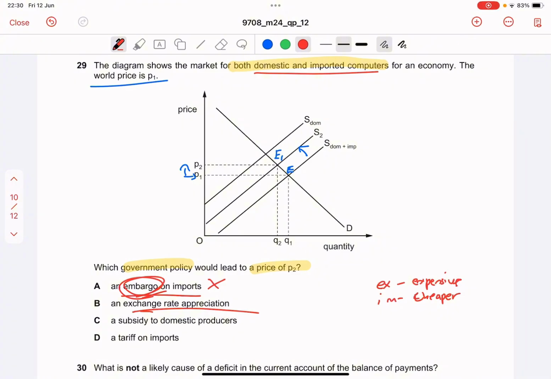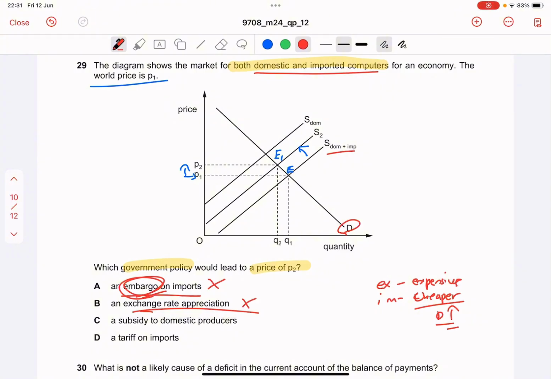So because imports have become cheaper, then the demand for imports will rise. If the demand for imports rise, that means the demand for imports increases. So that will affect the demand curve, not the supply curve.